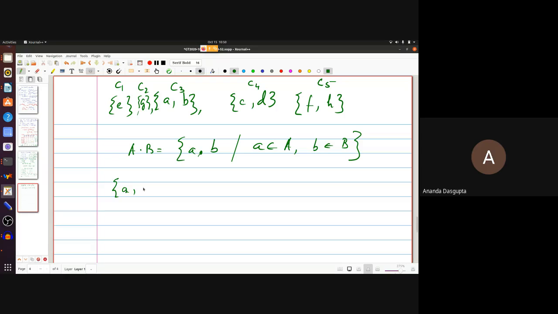Now, the question is, if you multiplied AB, let's say with CD, what will you get? How many elements will you get in the set? That's a difficult question. It looks like 4, but it may not be 4.